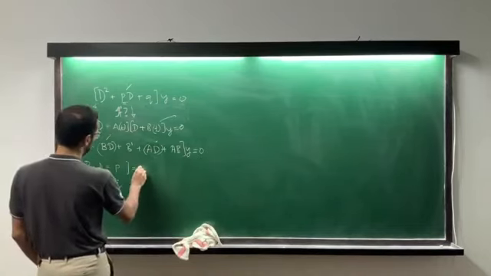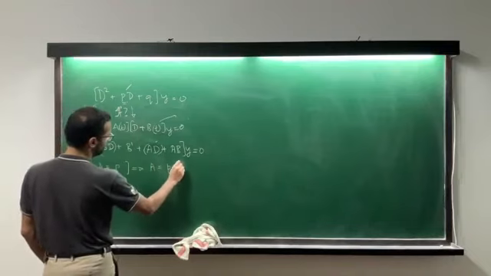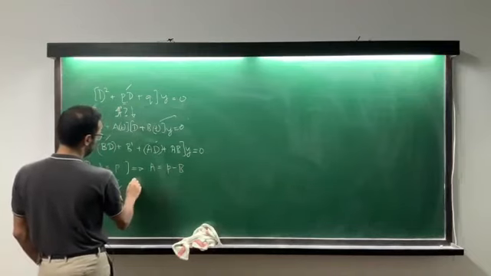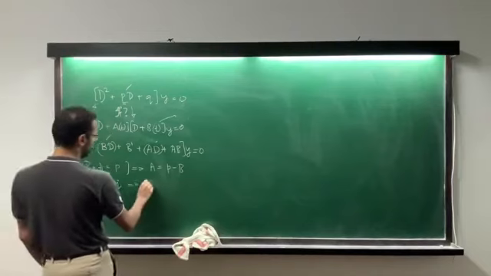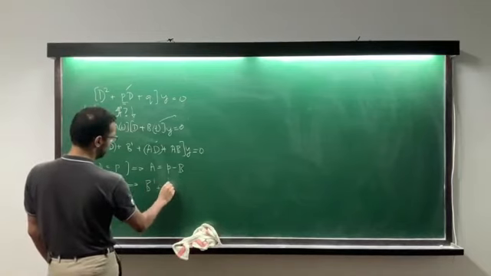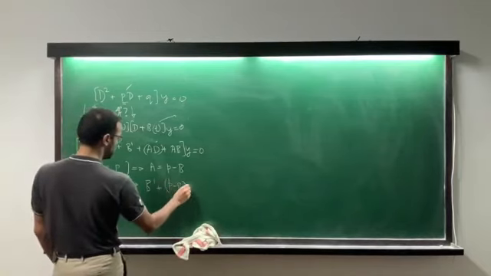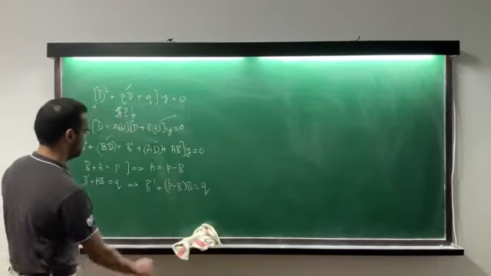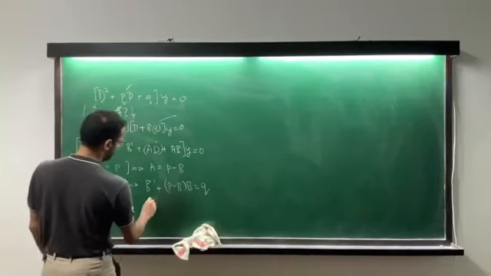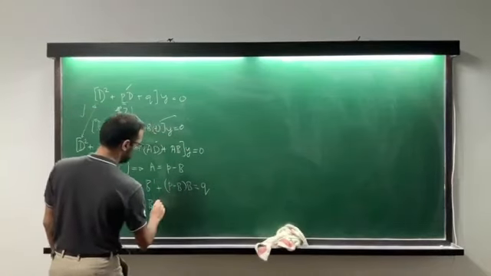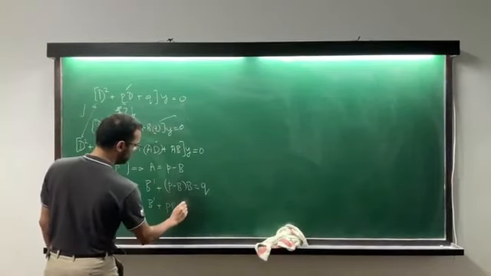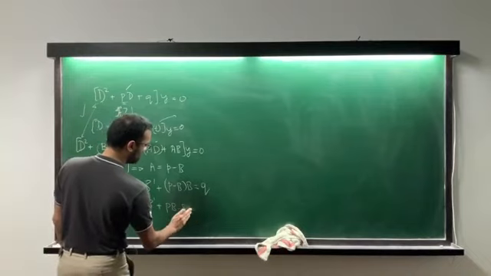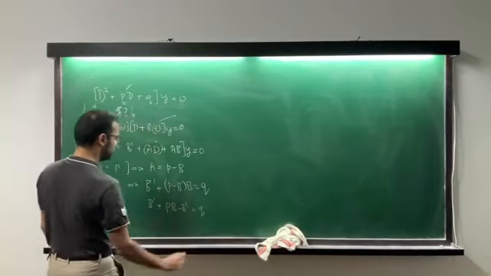From here I'll have a equal to p minus b. Then I take this and put it back here. So I'll have b prime plus a times b, with a being p minus b, equal to q. And then I get b prime plus pb minus b squared, sorry, b squared, equal to q.